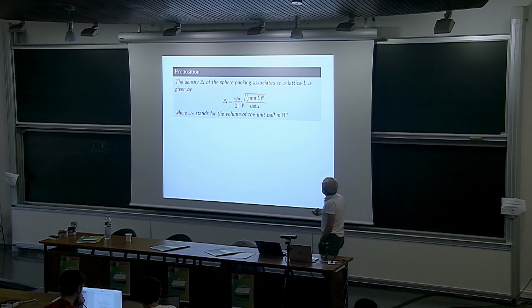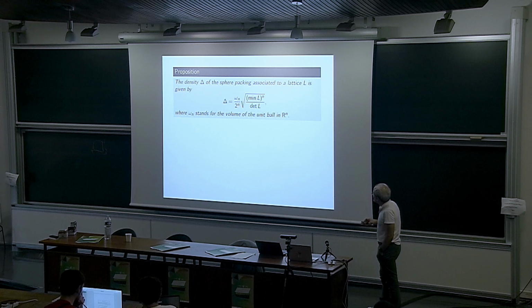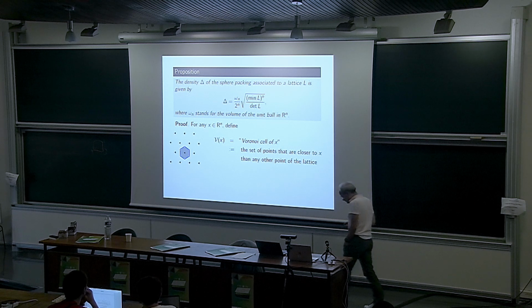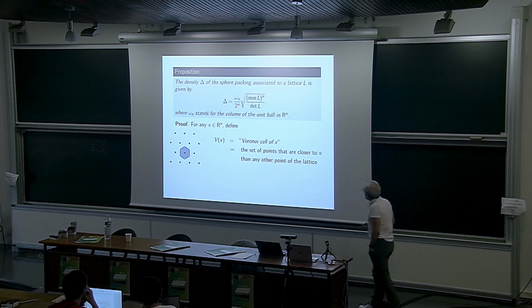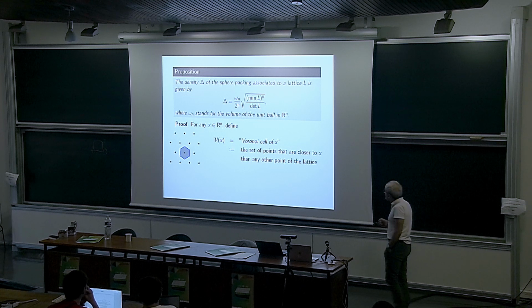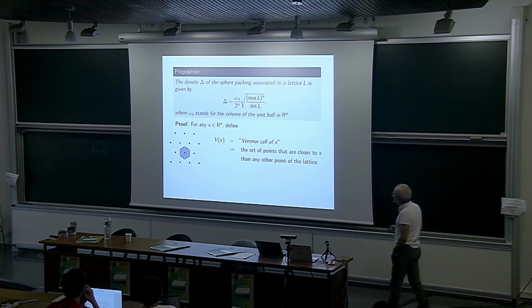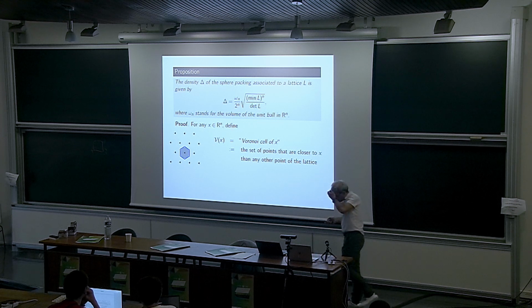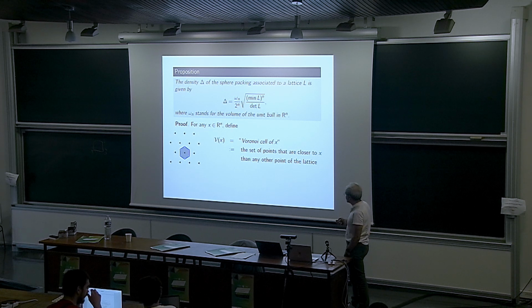Although this is very classical and well known, I give a kind of sketch of proof of this, just to explain how this quantity appears. Everything boils down to the fact that to estimate the density of the packing, you just have to look at what happens around a given point of your lattice.